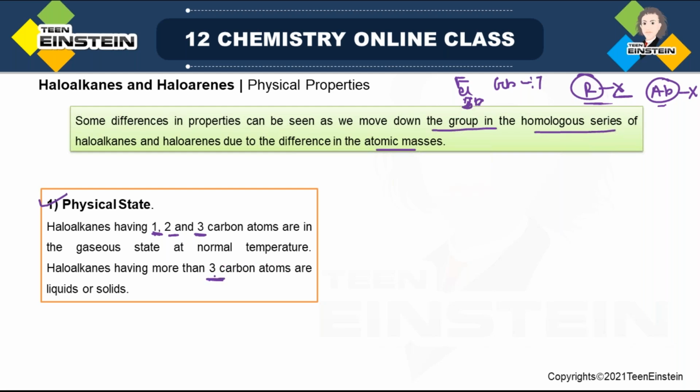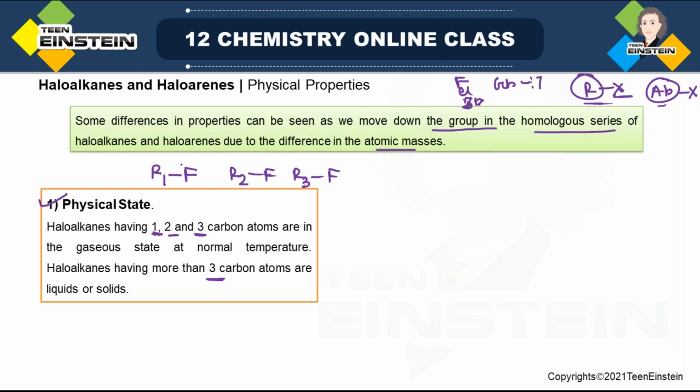But whenever you cross the value 3, suppose the halogen is fixed and you are just changing the number of carbons, then moving beyond 3, gradually their nature will go from gaseous to liquid to solid. And it has to be, because when you are increasing the number of carbons, the alkyl part is increasing. Suppose the halogen is fixed: the first alkyl group R1F, second one R2F, then R3F.